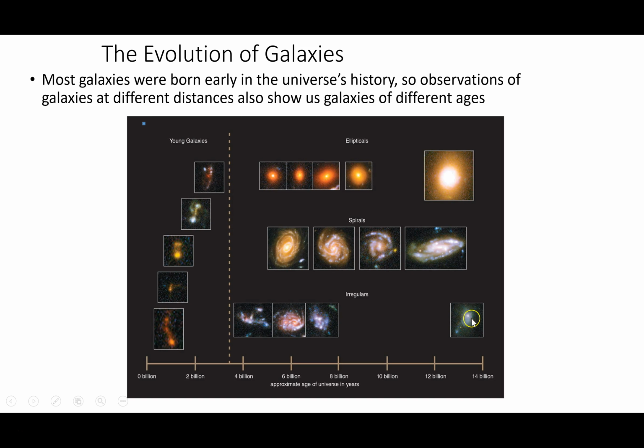Well, if we think about this, then if we're looking at galaxies that are about 10 to 12 billion light years away, then we are looking at them as they were just a couple of million years or so after the Big Bang. So that's how that works. These are very young galaxies.